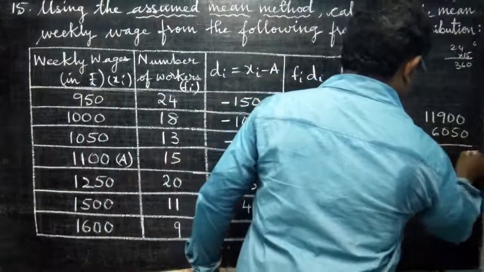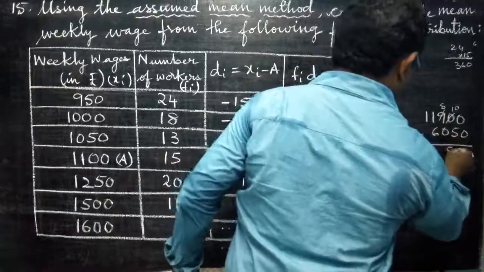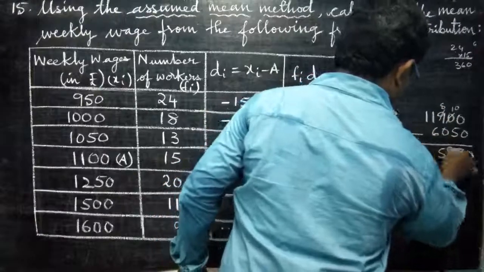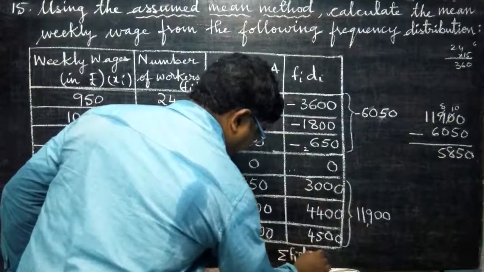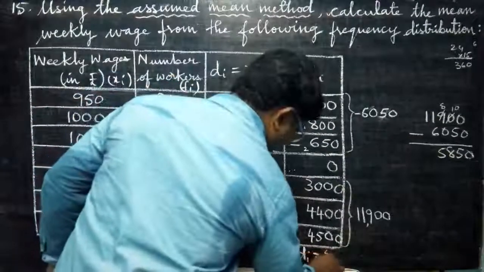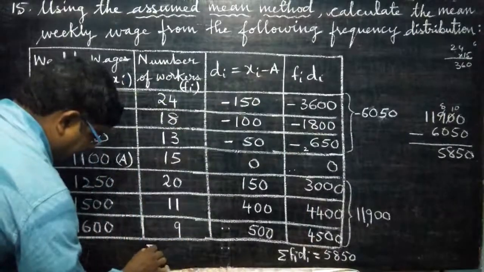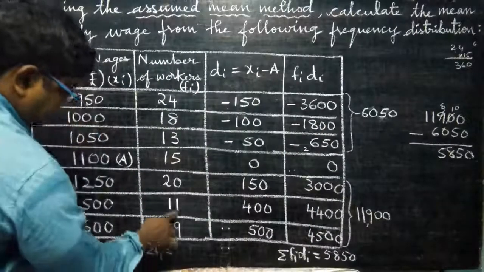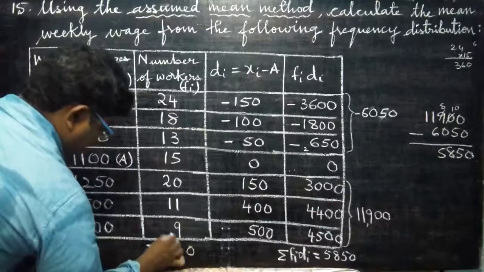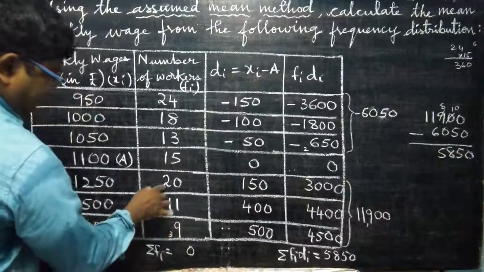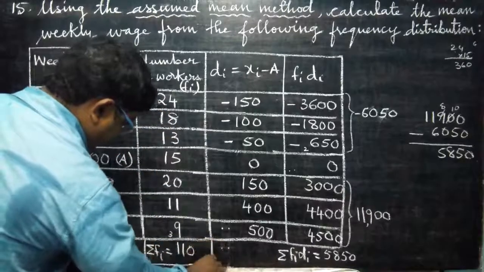Sigma fi di is equal to 5,850 you got. Next, coming to sigma fi: 10, 25, 43, 58, 78, 89, 110. Sigma fi is 110.